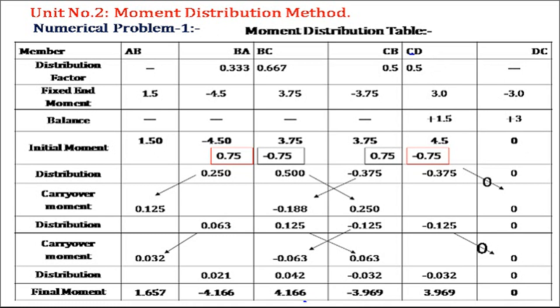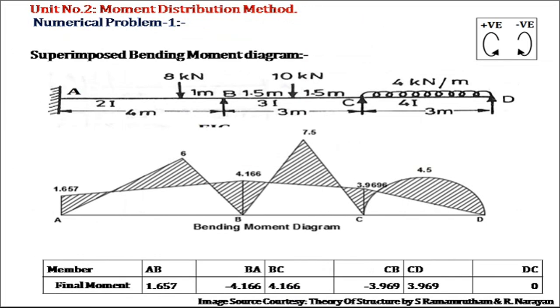Next step is to draw the superimposed bending moment diagram. Already in the last slide we have found the final moment in different members of the continuous beam ABCD. Now first you have to draw the horizontal line. The moment in member AB is 1.657.